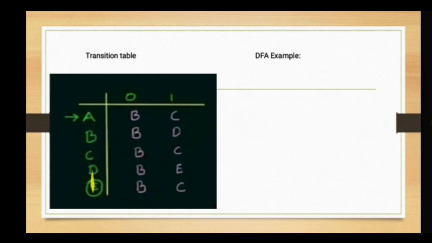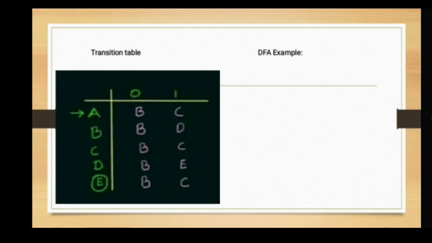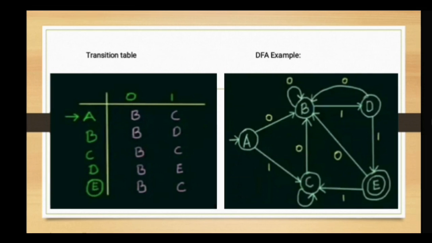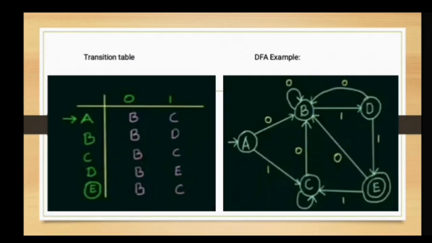So these are states A, B, C, D, E, and these are the inputs. Based on the given DFA, here A input 0 goes to B, and A input 1 goes to C. So when we input 0 in state A, it goes to B, and when we input 1 it goes to C.